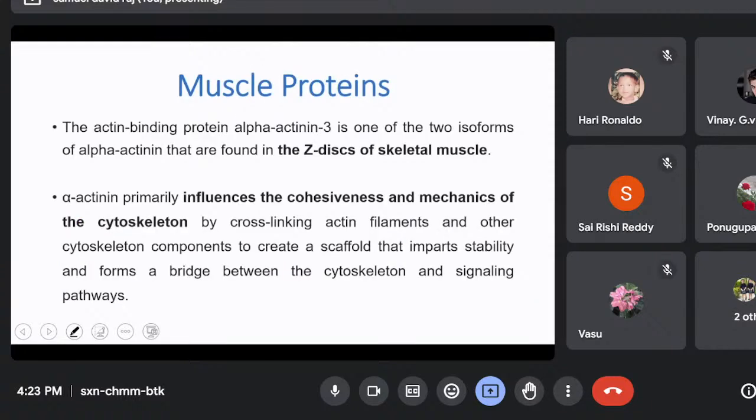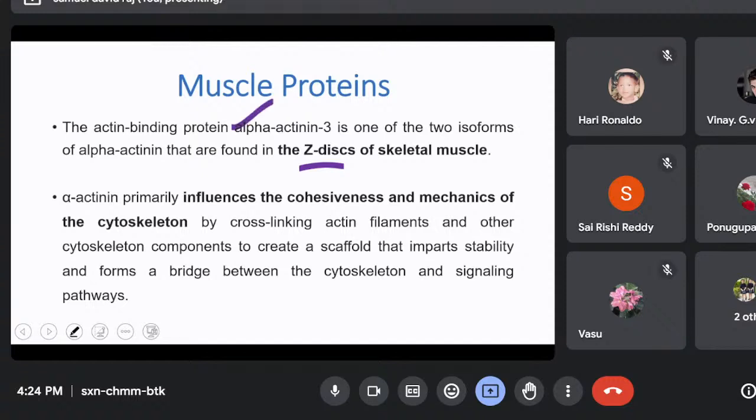And another important protein that is generally asked in examinations is, what is the protein present in the Z line or Z disc? Generally we call it the Z line. The Z line is also called Krause's membrane. A scientist called Krause discovered it, hence it is called Krause's membrane. The protein present in the Z line is called alpha actinin 3.